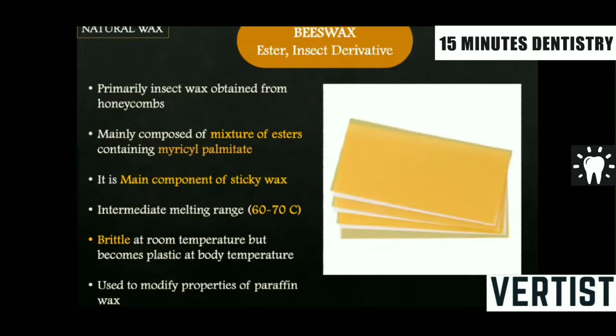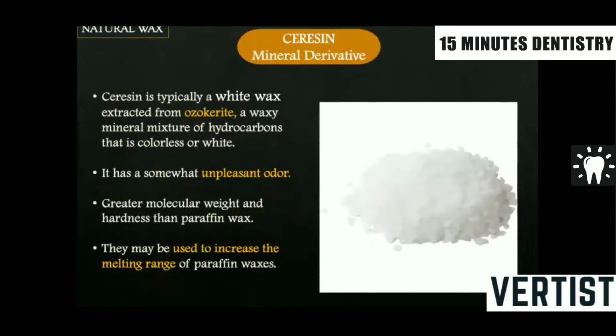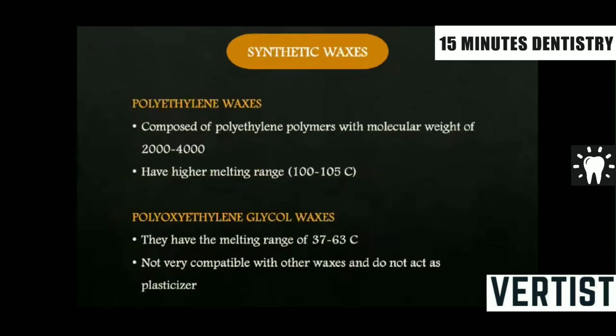So when you have your base plate, you will have the paraffin wax in which this beeswax will also be added. Then we have Ceresin, which is a typically white wax formed from a mineral. It has a very unpleasant odor and it is used to increase the melting range of the paraffin wax.